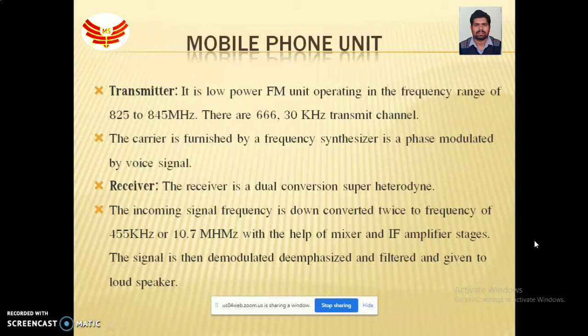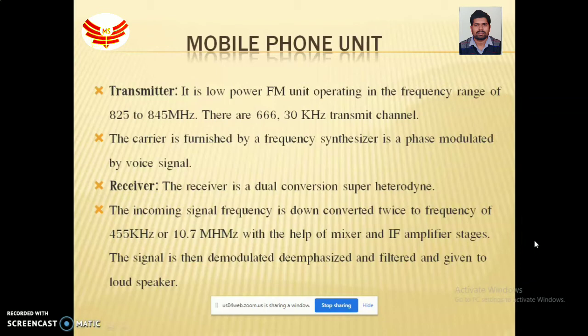There are a total of 666 receiving channels in this range. The adjacent channel frequencies are also the same, 30 kilohertz with respect to each other. The important feature about the transmitter is that its output power is controlled by the cell site or MTSO.